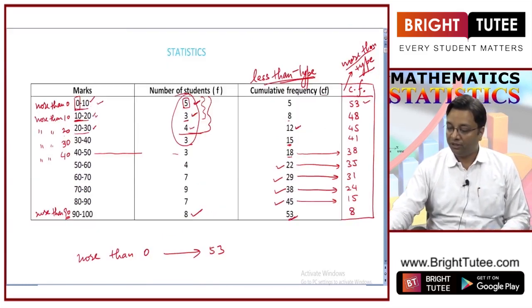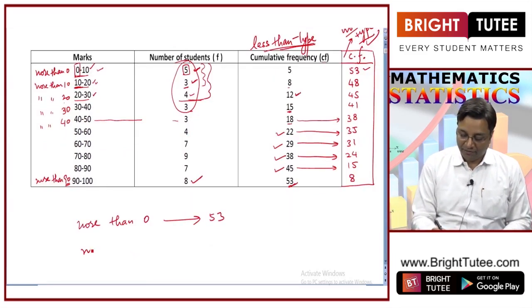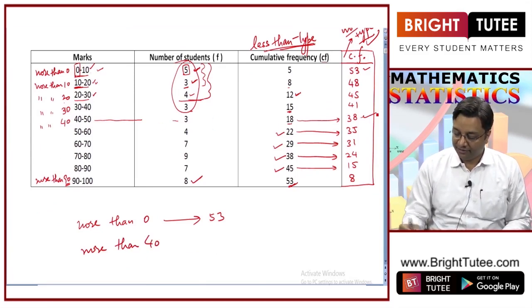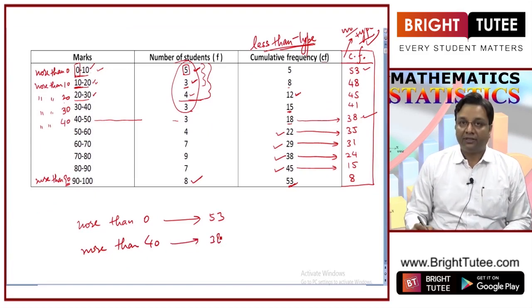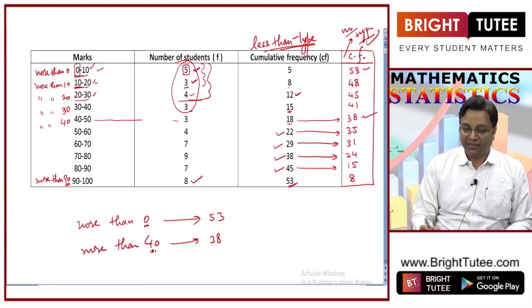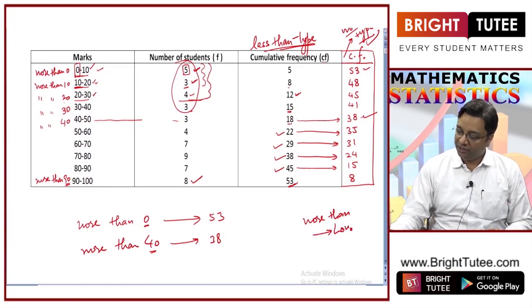You will look at the more than type cumulative frequency and say 53. If I ask you more than 40, you will look at this 38, right? Now, if I take these limits, these are lower limits for more than type, you obviously need lower limits.